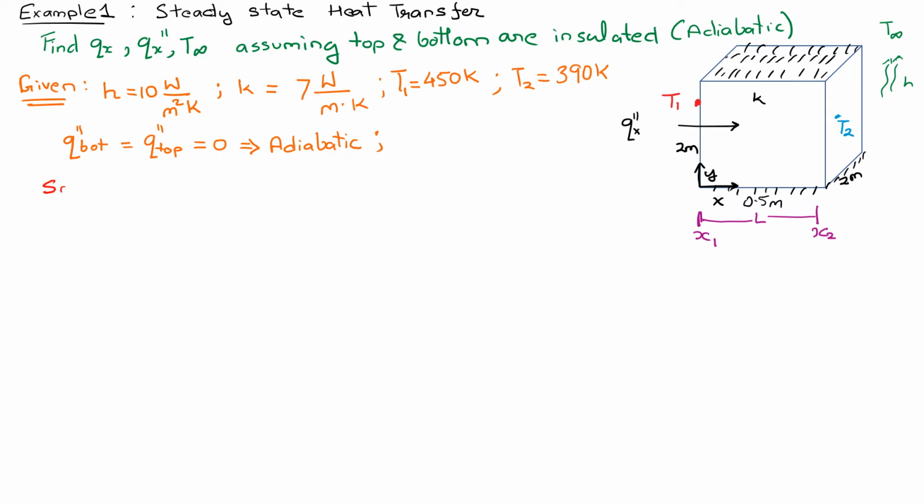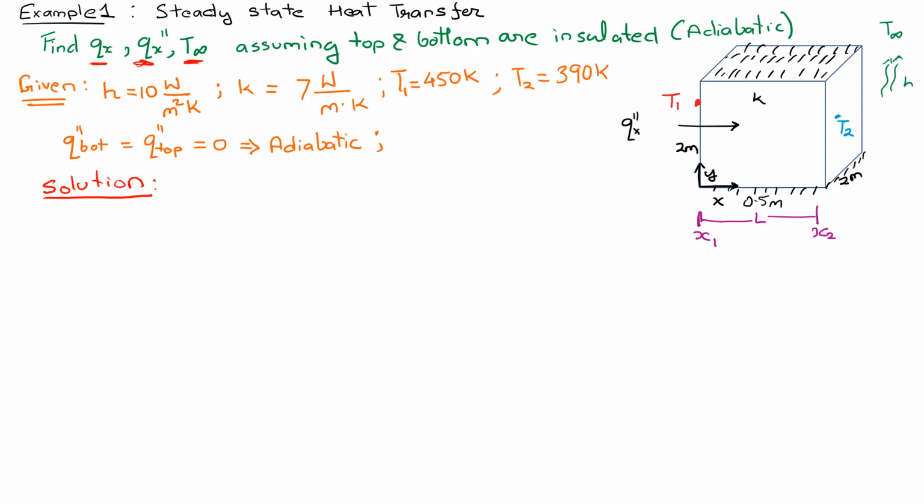So moving on to the solution of this problem, the three things that we need to find are Qx. So we are assuming that heat is only flowing in the x direction. So we need to find the rate of heat transfer in x direction, the rate of heat flux in x direction, and T infinity.